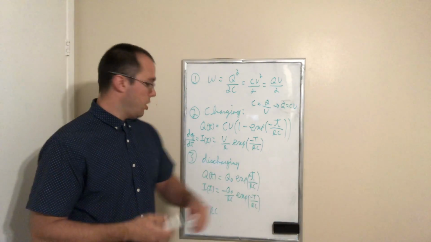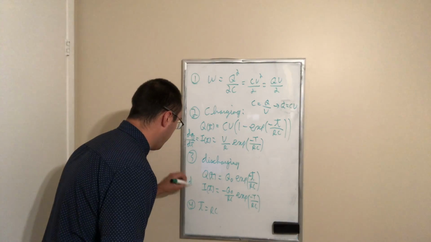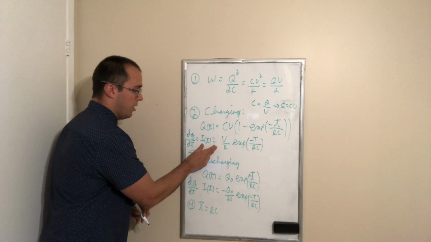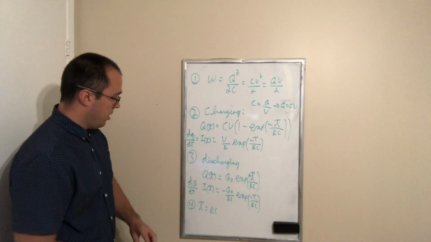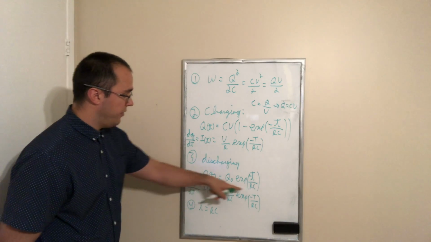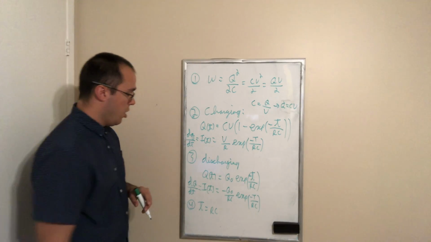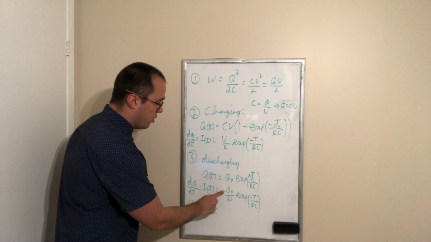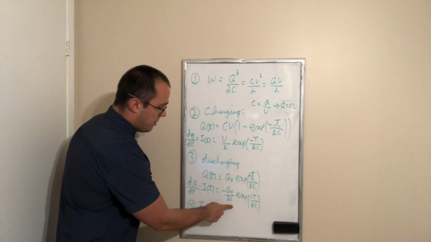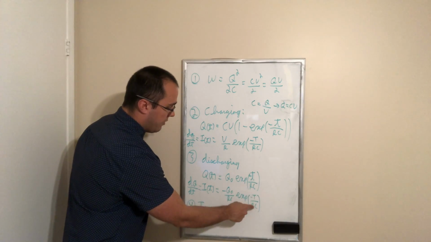Following a similar logic to the previous concept, we can find the current as a function of time by simply taking the derivative of this function. We get the current is equal to minus Q0, the initial charge, divided by RC, exponential of minus t divided by RC.